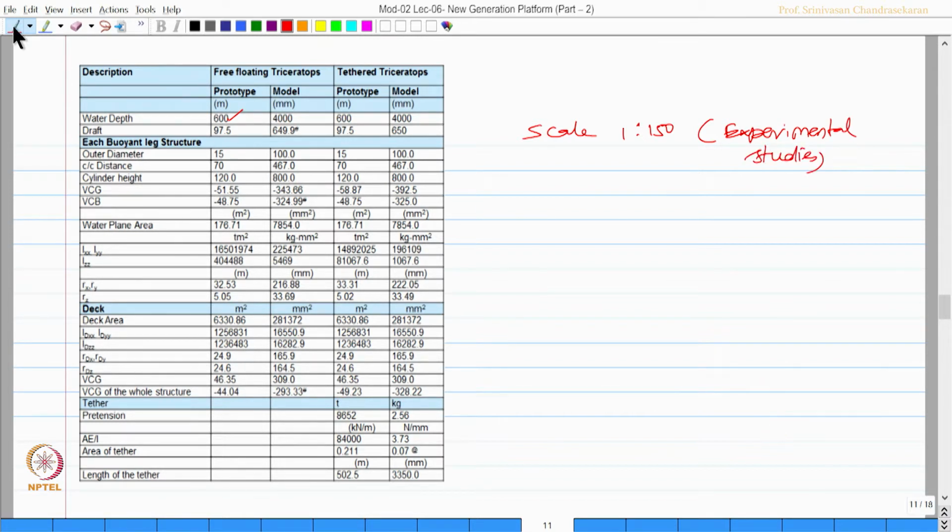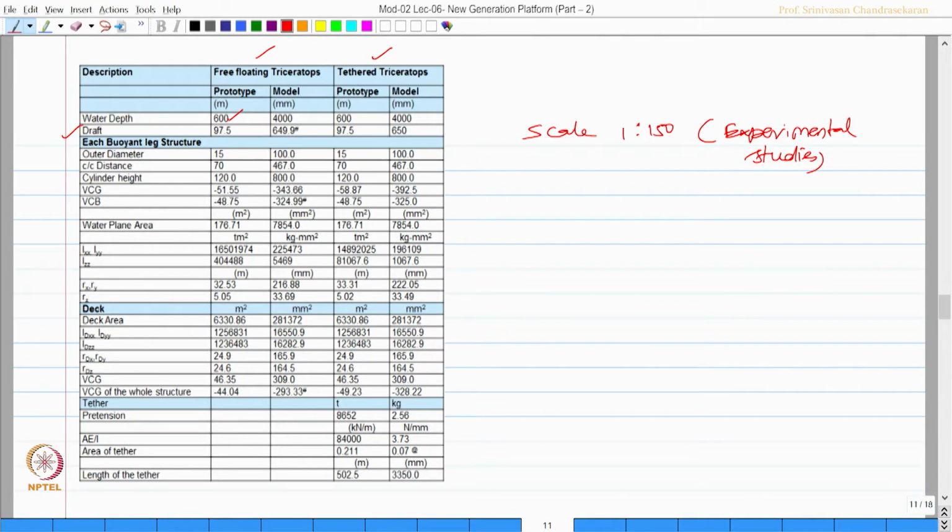So, for a water depth of this, a design draft was established and dimensions and initial pretension values and all structural characteristics of the platform for a scaled model compared to prototype in terms of tethered triceratops and free floating are available on the screen now for our discussion.